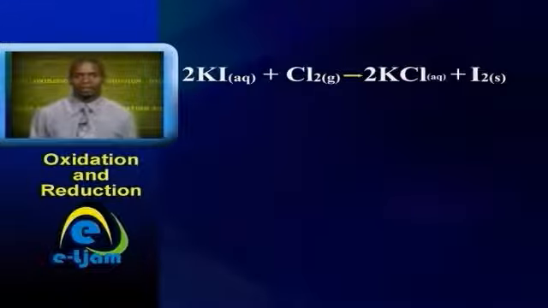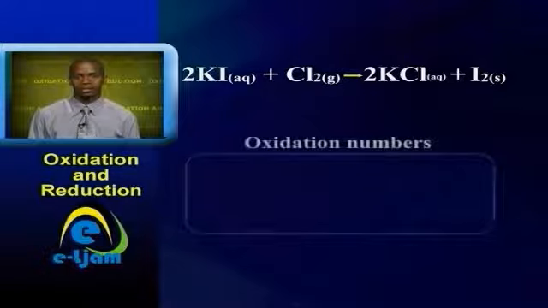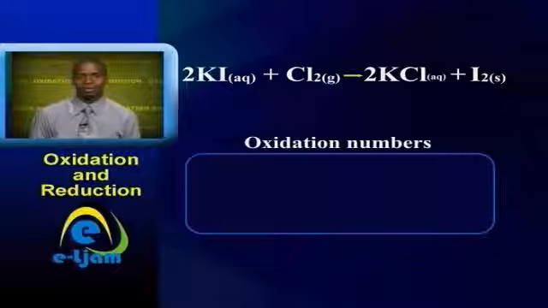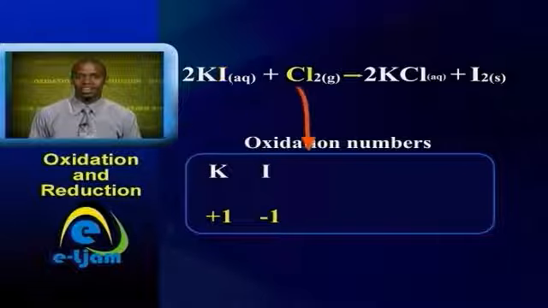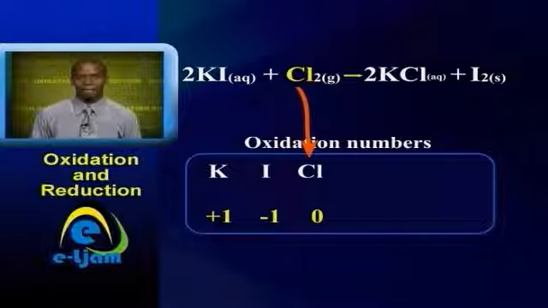Example 3. Potassium iodide plus chlorine gas to give potassium chloride and iodine. Oxidation numbers. Potassium in potassium iodide +1, iodine in potassium iodide -1. Chlorine in chlorine gas 0.